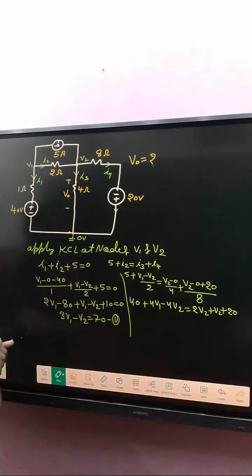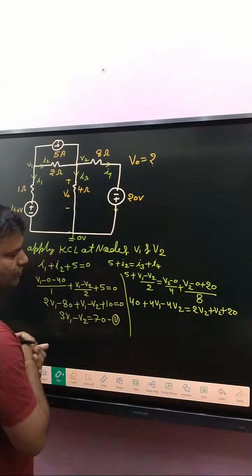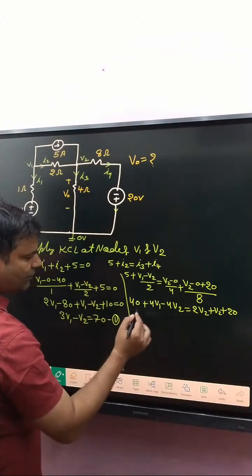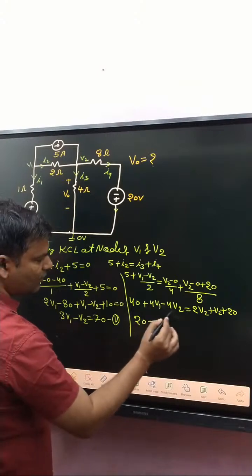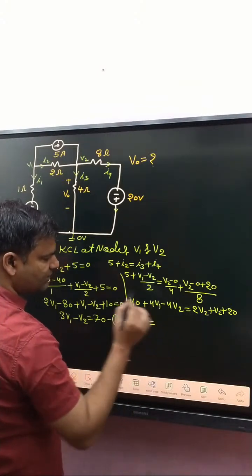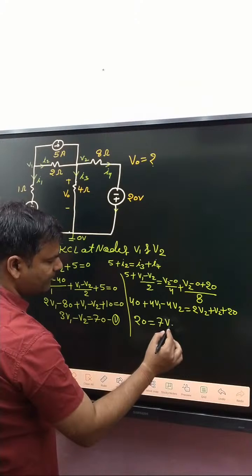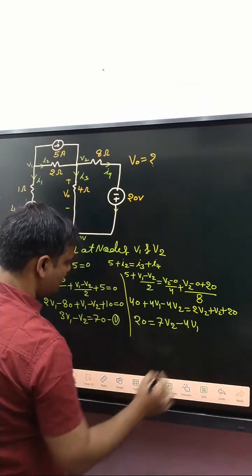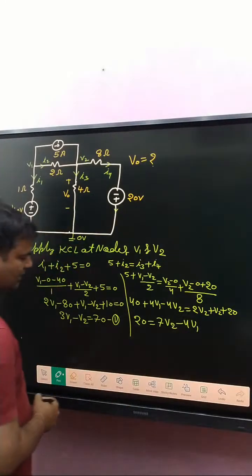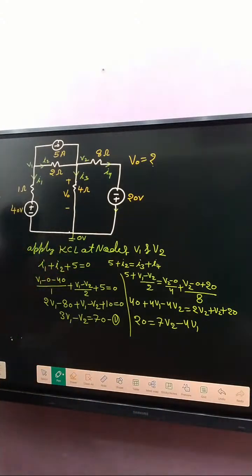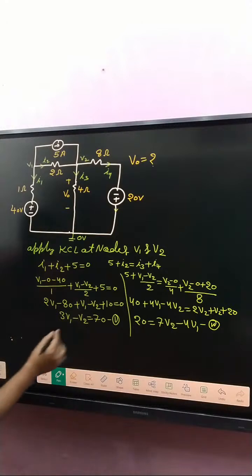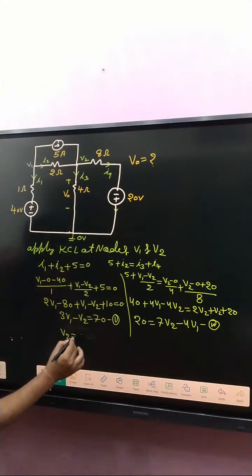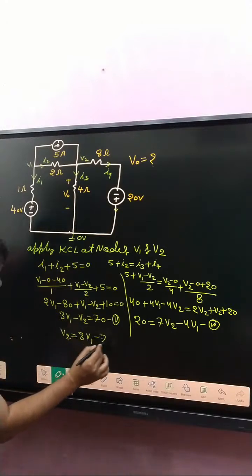Now 40 minus 20 is 20. This is equal to 3 plus 4, that is 7V2 minus 4V1. So that is equation number 2. What about V2? V2 is 3V1 minus 70.